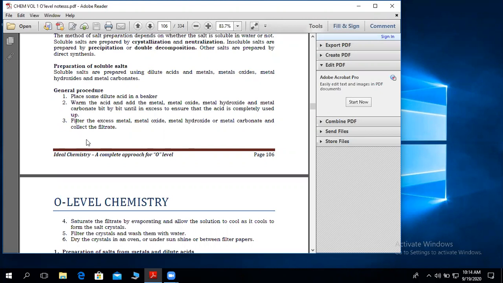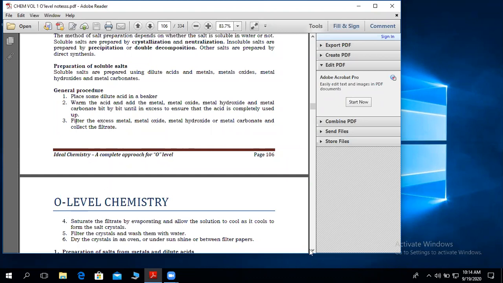After ensuring that what you have added is in excess, whatever did not dissolve, because you add until it does not dissolve anymore, you filter using a filter paper. So you filter the excess metal or metal oxide, the one that did not dissolve, and collect the filtrate. The filtrate is the one that goes through the filter paper. So the filtrate is the metal that dissolved, or metal carbonate, or metal hydroxide.